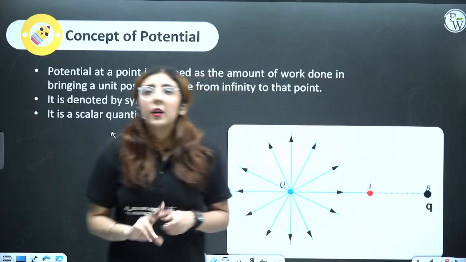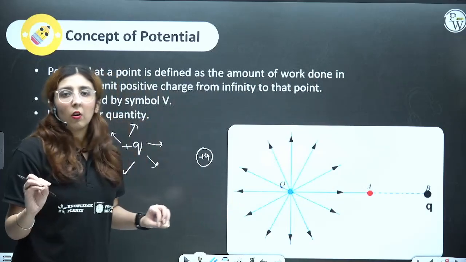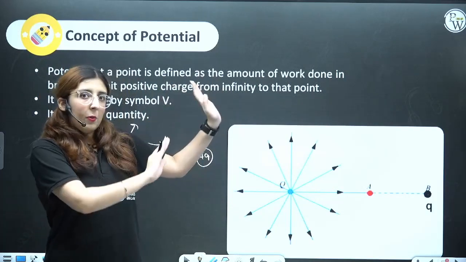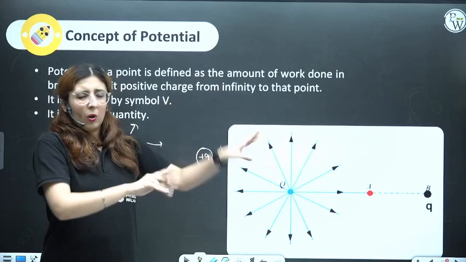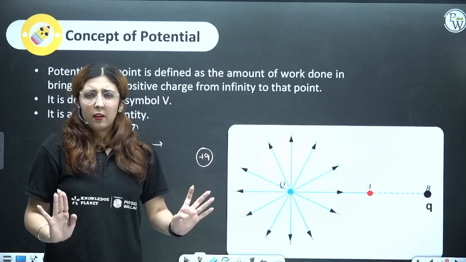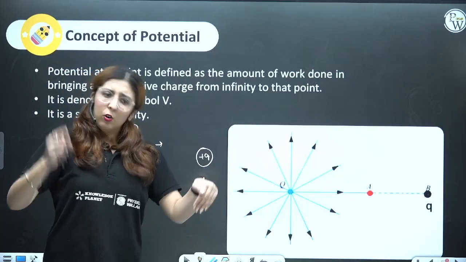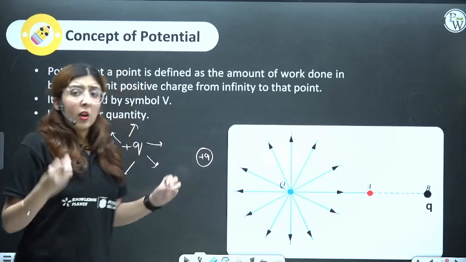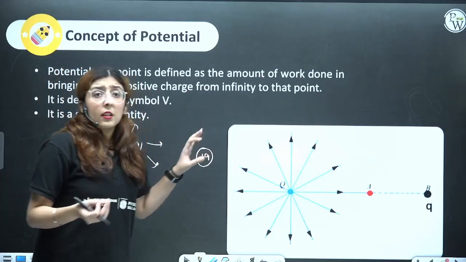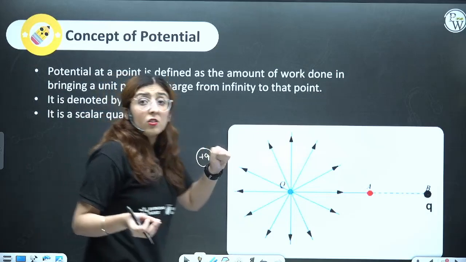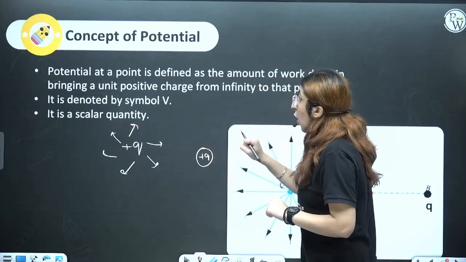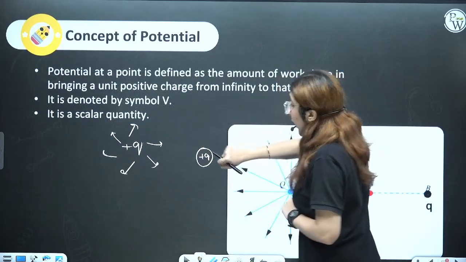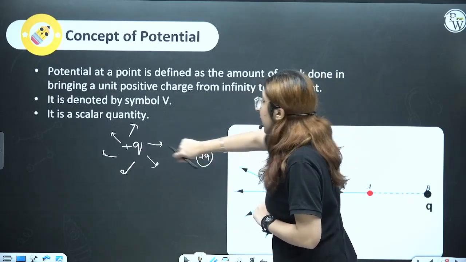So in simple terms, for the simple ones, that is the case: higher to lower potential. A difference is being created. One is at high, one is at low, so yes, flow will take place. But in general sense, potential is nothing but the work done on a charge. Work done on a unit positive charge in bringing it from infinity to a particular point.